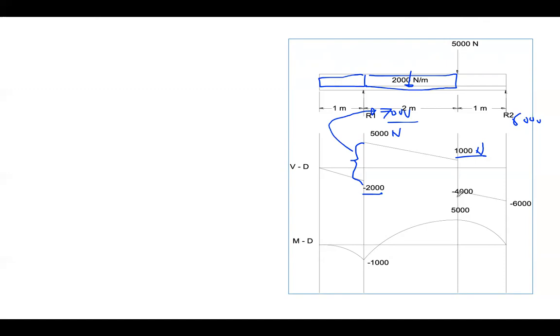And then, meron din ito na remaining dito. This is again 2,000 times 1 is 1,000, 2,000 pababa. So 4,000, dadagdagan lang ng negative 2,000 ulit, maging negative 6,000. Which is just equal because R2 is going up 6,000, babalik siya dito. Okay? So tamang diagram na to.